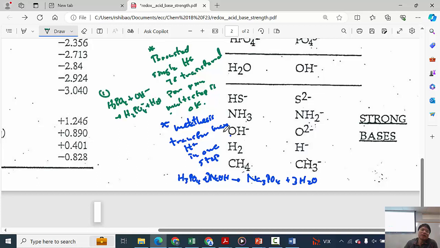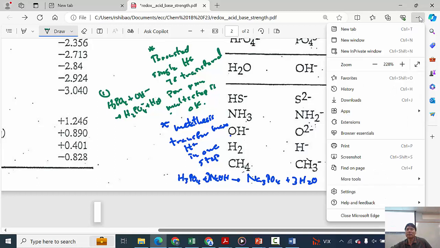This would be step 1. If I want to neutralize the second proton, I'd do step 2. And if I want to neutralize the third proton, I'd do step 3. So we just do it 1 proton at a time. In Bronsted acid-base reactions, we're just transferring 1 proton from the acid to the base.